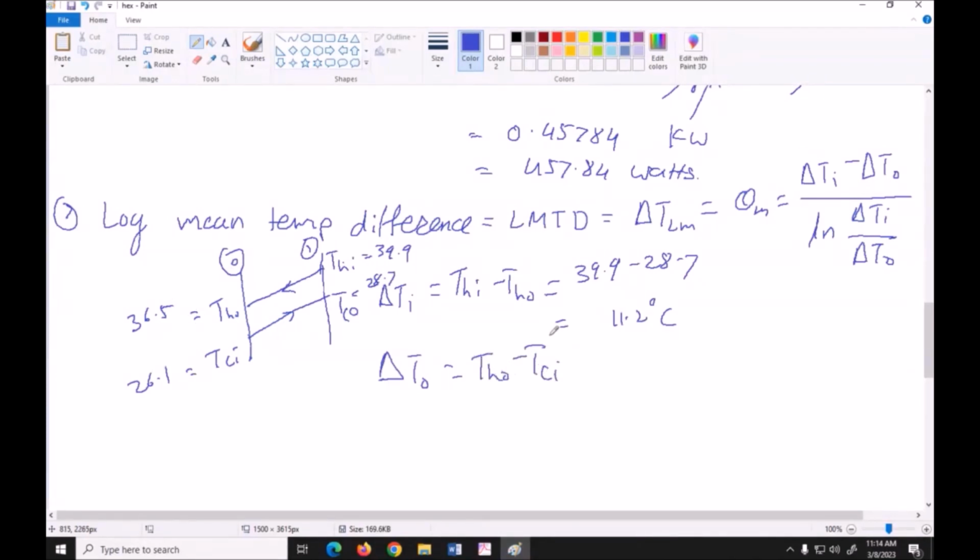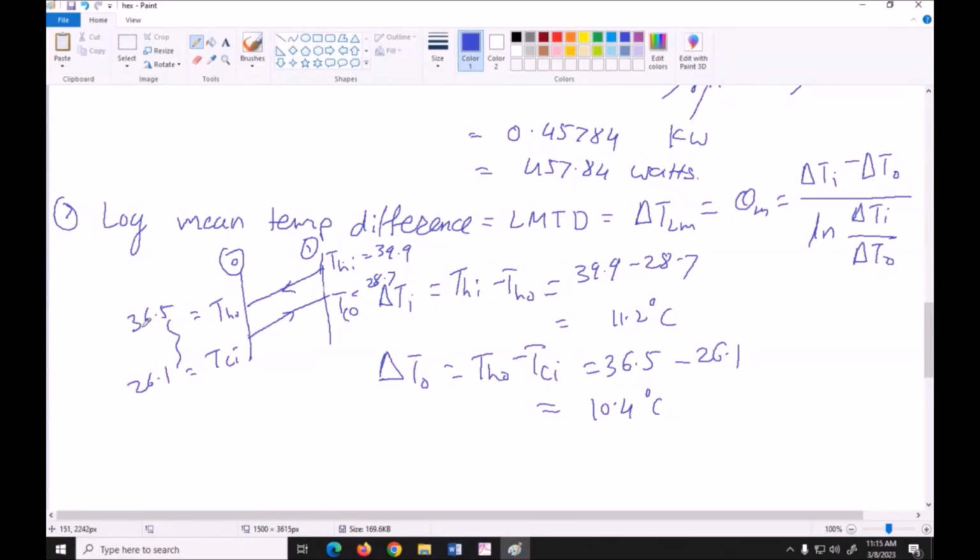10.4. Don't memorize the formula, because it will change for counter and co-current parallel flow. Just remember this diagram and write from here: this minus this, and this minus this. If you memorize, then you will get confused between counter and co-current.